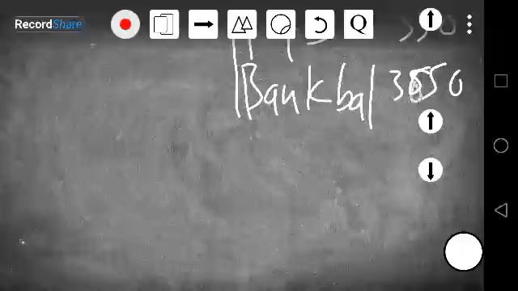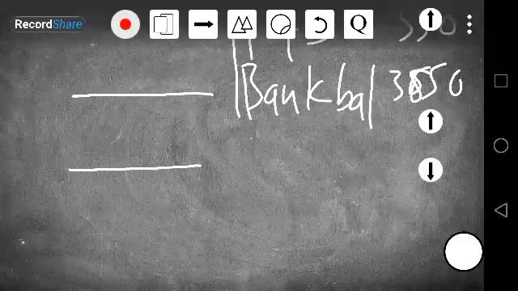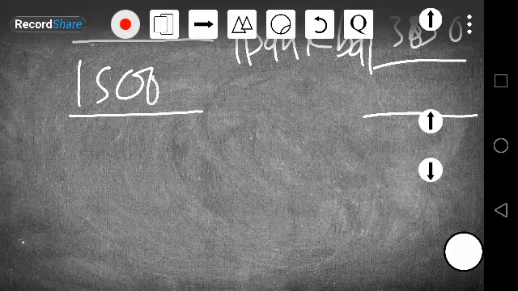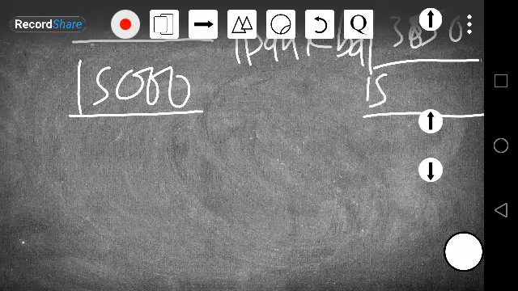Okay, so if we total this side and total this side, we get 15,000. Here we also get 15,000.